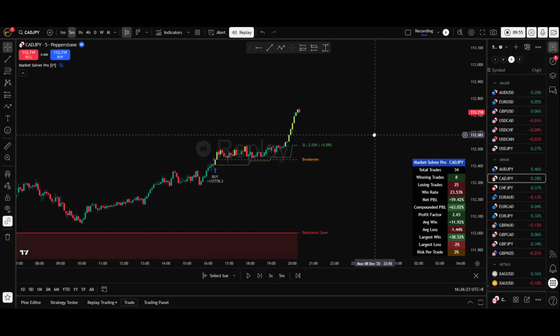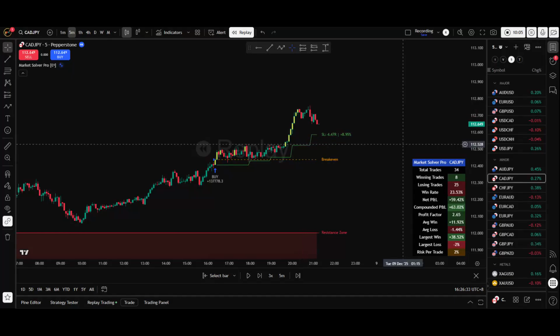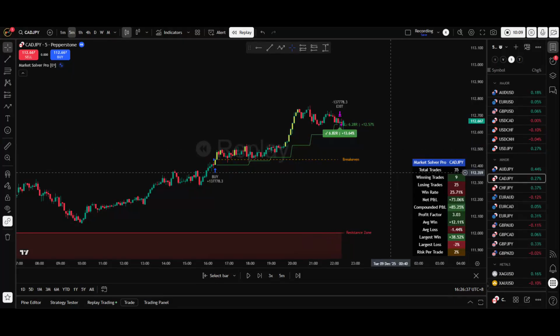You're free to do that, right? But here we've automated the stop loss indicators to show you where to trail your stops and maximize your winners, right? So it keeps going, and then we get stopped out at 6.82 reward to risk ratio.